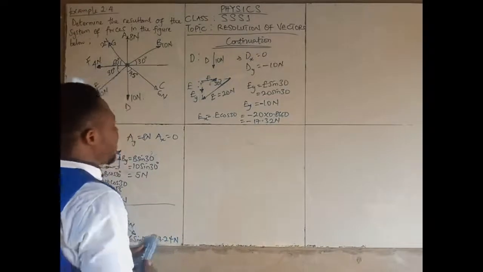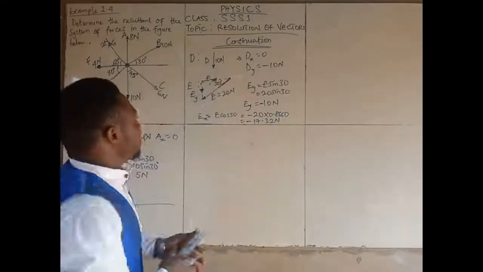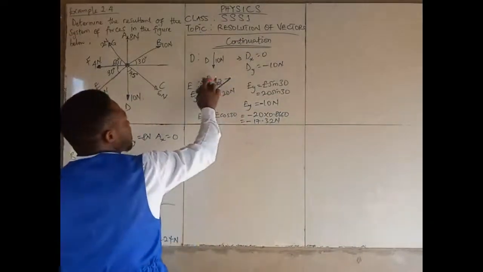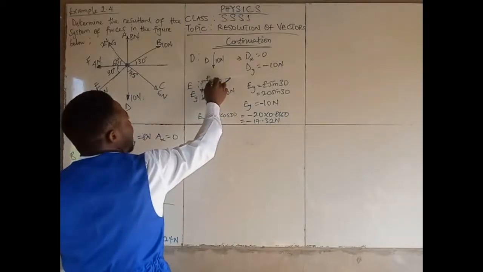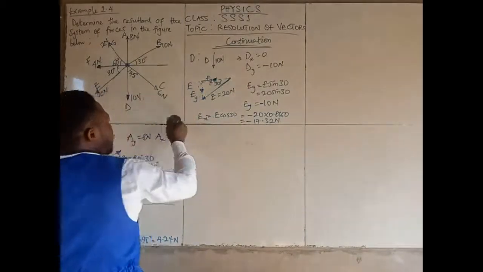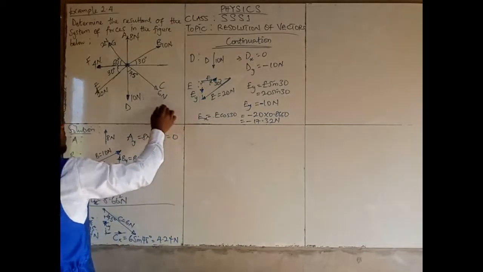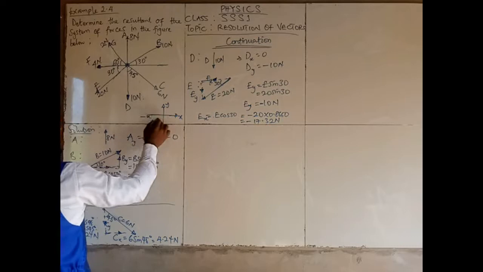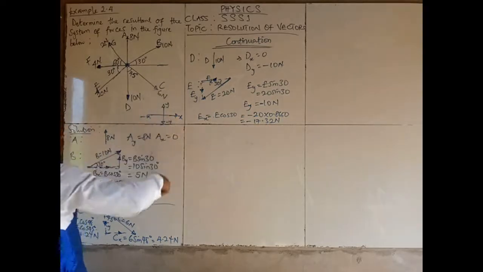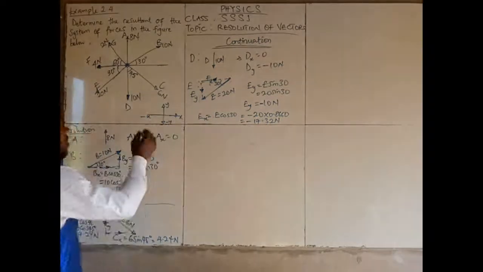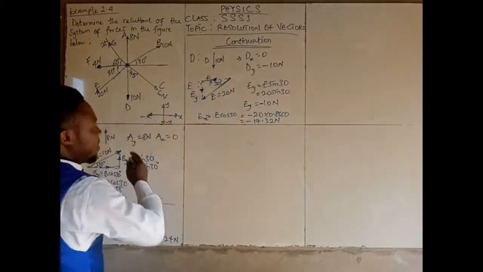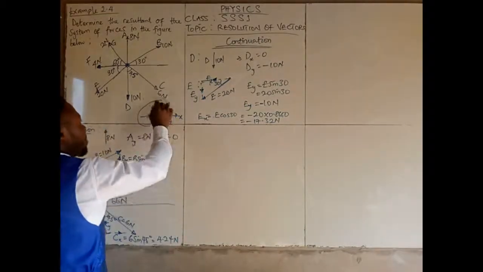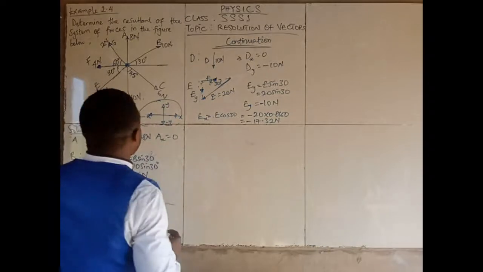Why is it negative? Because the direction is towards the negative x-axis. You see, this is your positive y, this is your positive x. This is negative x, this is your negative y, downward. Left is your negative x. Take note of that. Remember that this is the sign convention we are using.